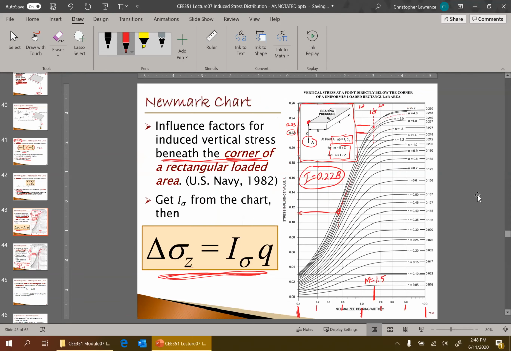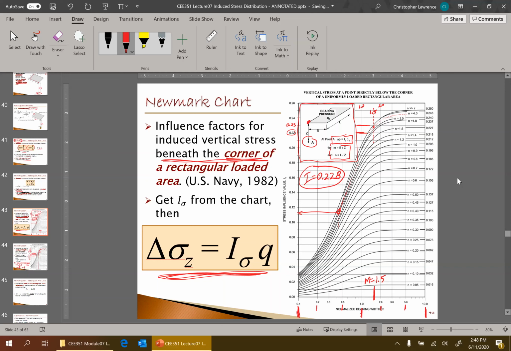Okay? So first, understand the idea and be ready to read the chart properly. If you would have said that that was 0.23 something or 0.18 something, no, it is definitely between 0.22 and 0.23, right?